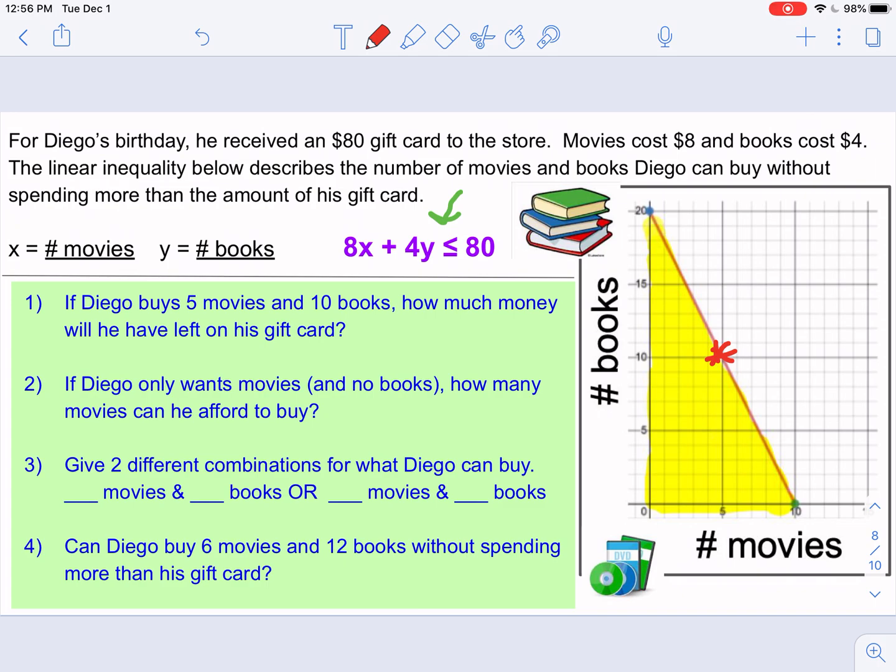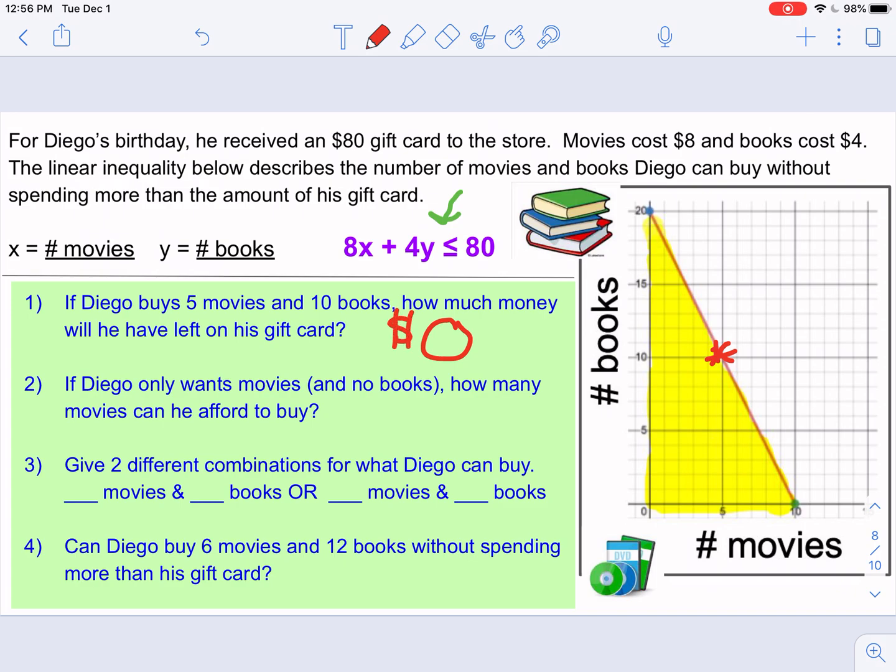Anything on the line, because it's a solid line, means he would spend $80 exactly. Anything in yellow means it would be less than $80. Because if you think about it, 8 times 5 is 40, and 4 times 10 is 40, so 40 plus 40 is $80, so he's going to have $0 left on his gift card.